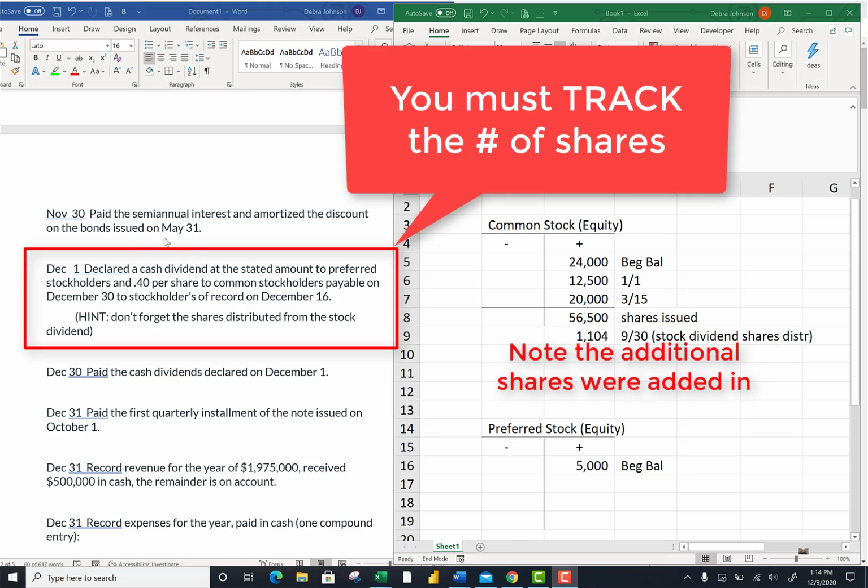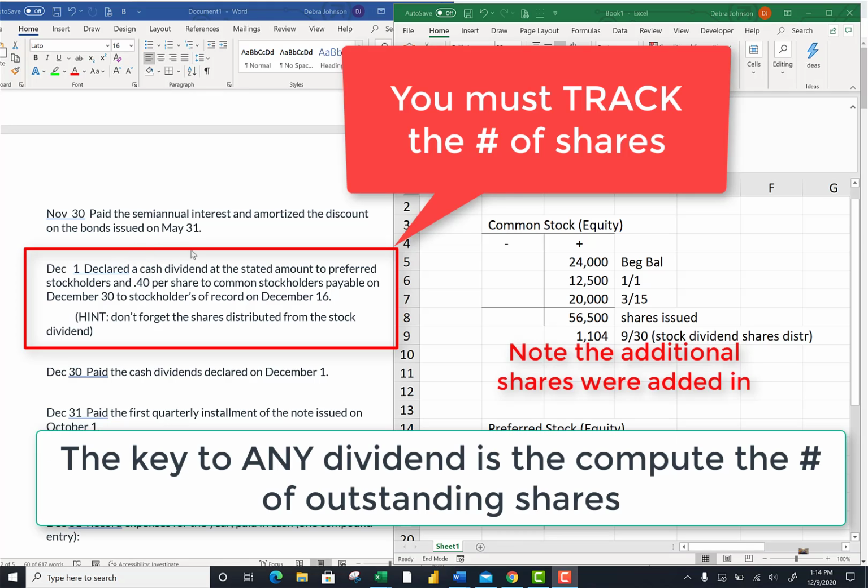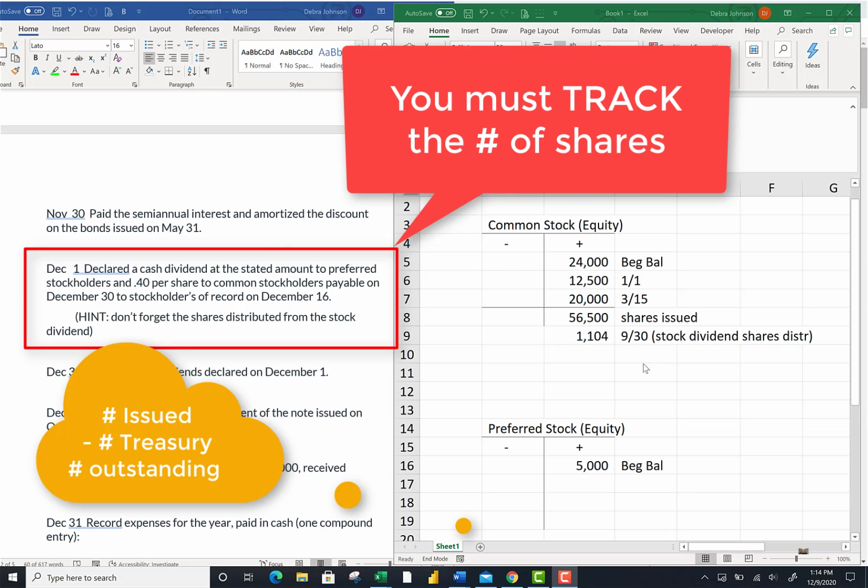Again, as with any dividend, the key to getting this journal entry correct is to track the number of shares. And just like we did in the previous transaction where we had a stock dividend, we figure out the number of shares outstanding. Once again, this is the common stock issued less any shares in the treasury.